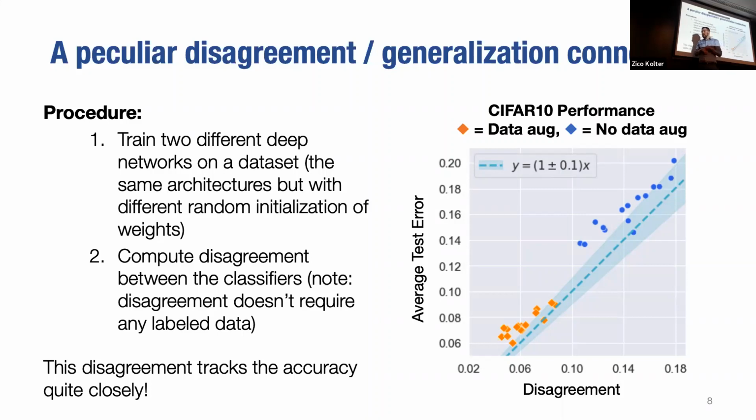And what's really fascinating here is that this lies close to the line. There's this amazing correlation between how often classifiers disagree and what their test error is. I show this plot, and people ask, is that surprising?